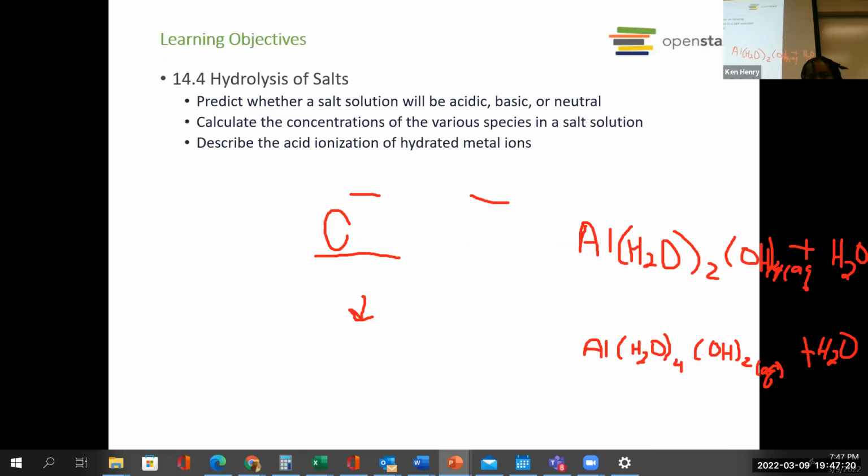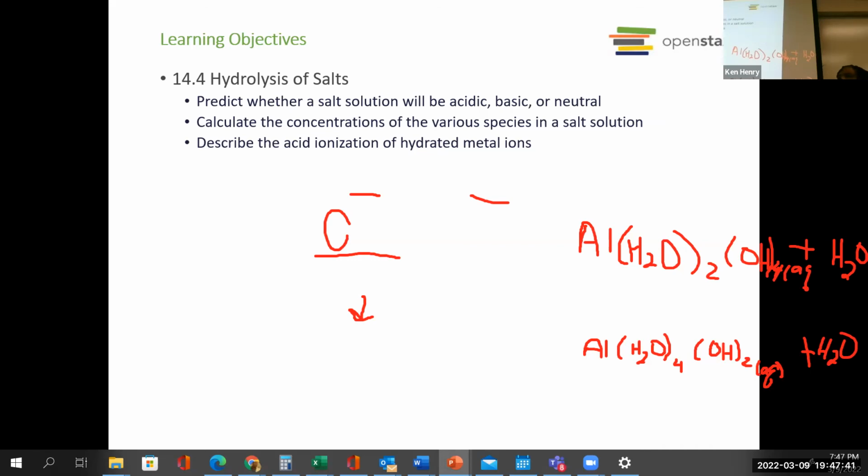What are we doing next? Okay, one more thing and then we'll stop. The last thing I want to talk about is the hydrolysis of salts. This is figuring out whether a salt solution is going to be acidic, basic, or neutral.